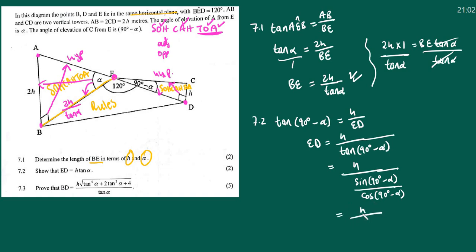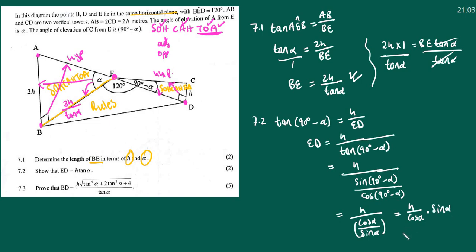If we do that, you are going to have cos alpha over sine alpha, because with 90 minus, remember, it has to change. So sine changes to cos, cos changes to sine. Since the denominator is a fraction, I like to say you multiply H by the denominator at the bottom.